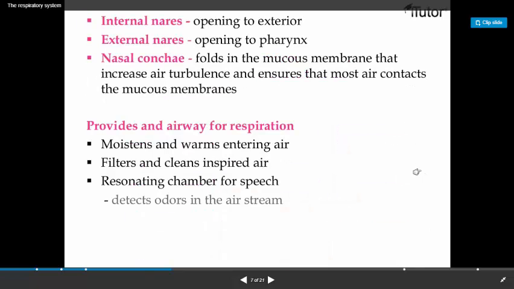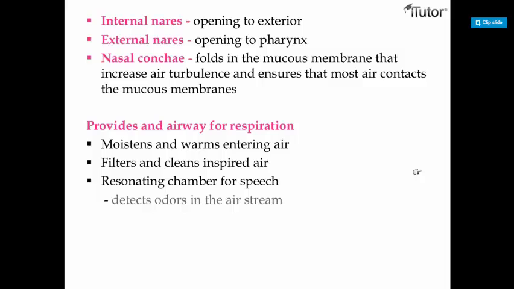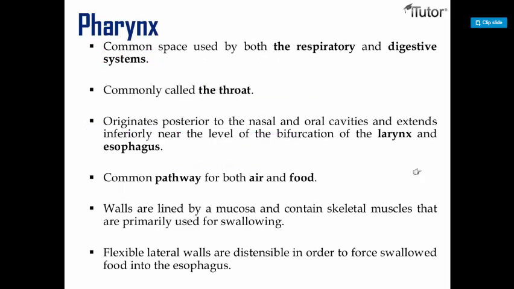Okay, and then we have inside the nose the small capillaries or the small blood vessels that keep the air entering your lung warm, because if you have cold air entering your lung, this means that you're going to have a problem in your lung. Okay, and of course it leads directly to your larynx, and the larynx is also called the voice box.